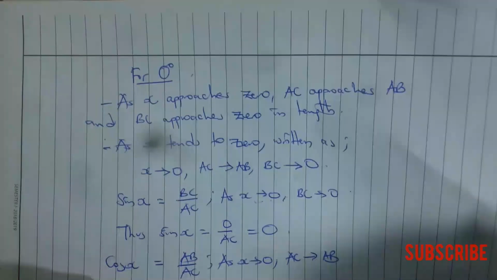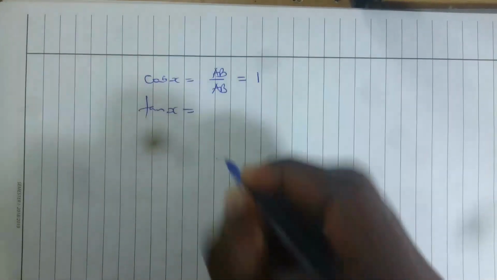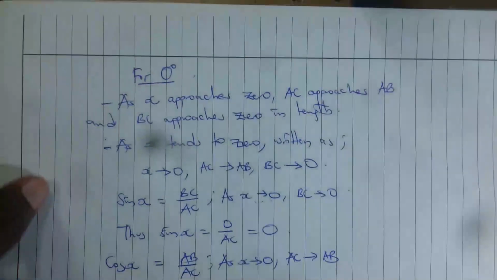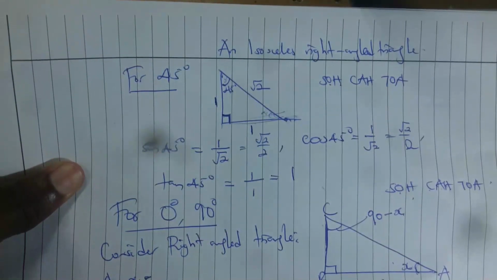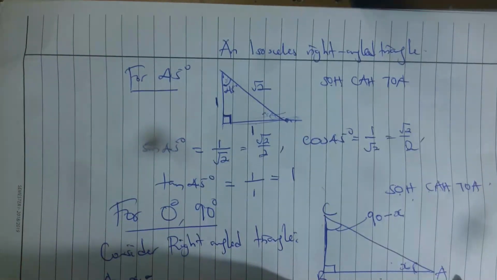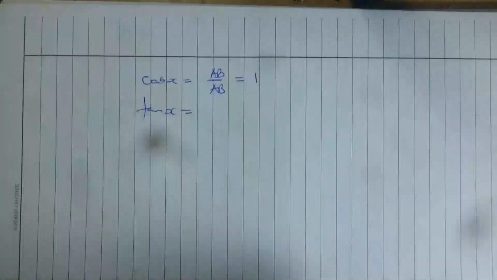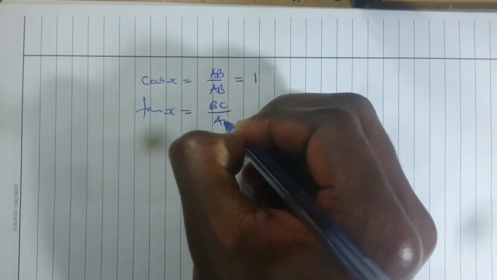Now we go to tan. Tan is opposite out of adjacent. Tan x is here, opposite to that is BC out of adjacent, which is AB. So it's BC out of AB.